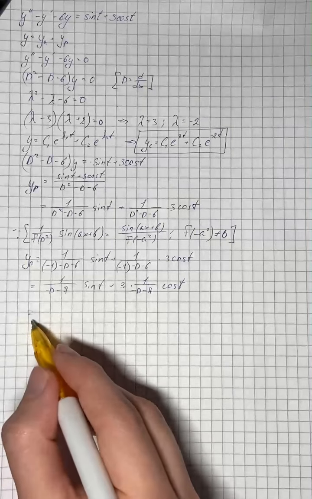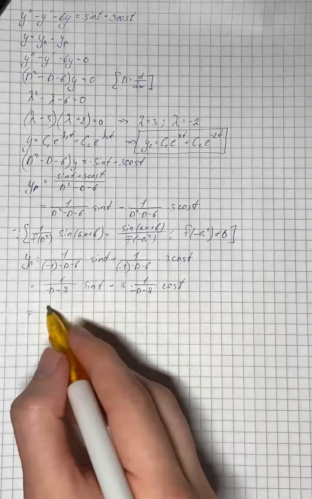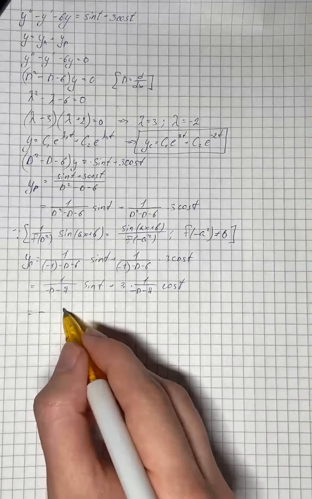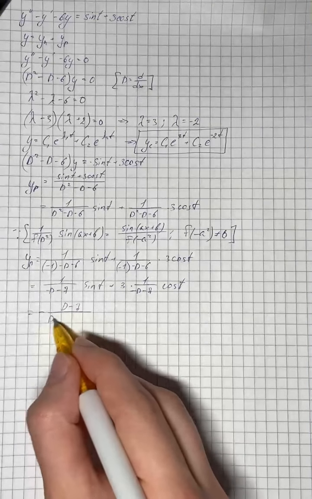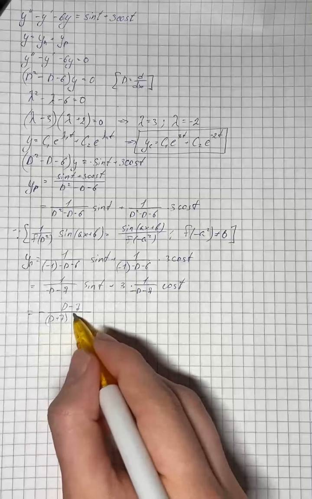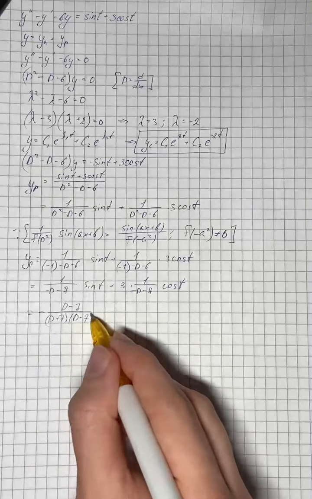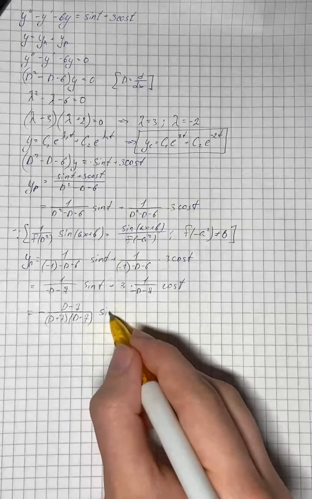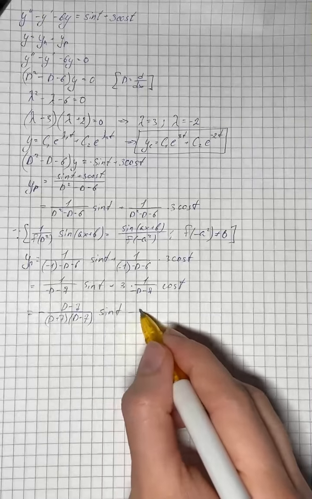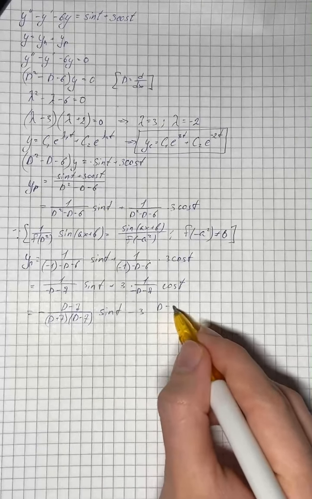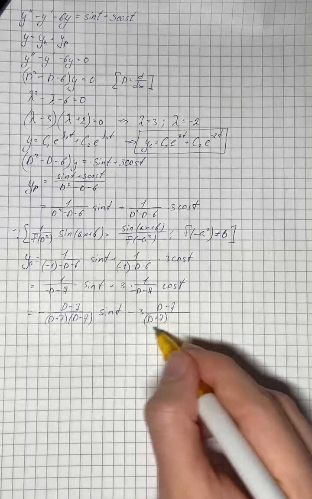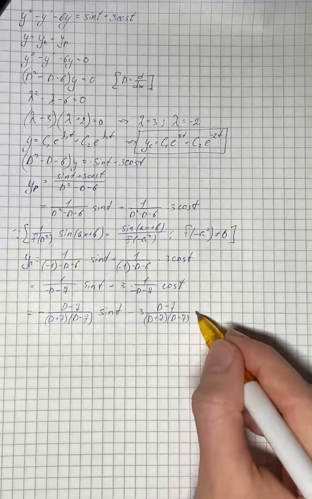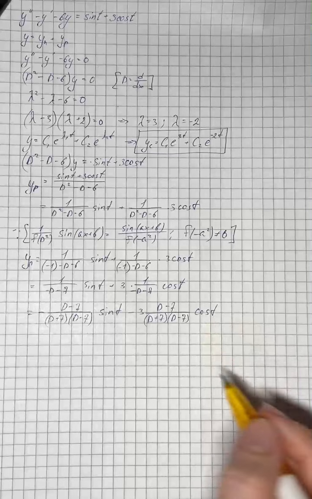And now we're going to rationalize the denominator, so that's going to be negative (D minus 7) as the numerator and (D plus 7) times (D minus 7) as the denominator times sine of t. And here we're going to do the same, so (D minus 7) over (D plus 7) times (D minus 7) times cosine of t.